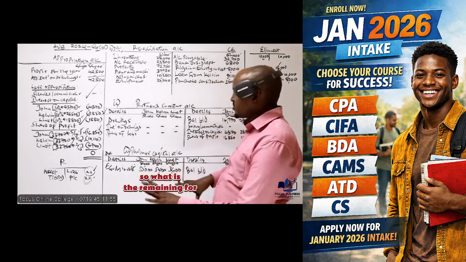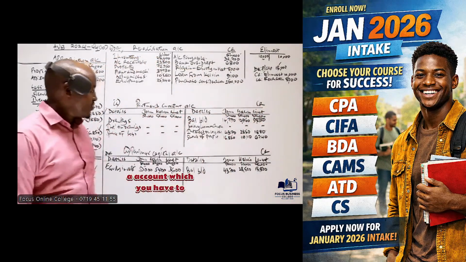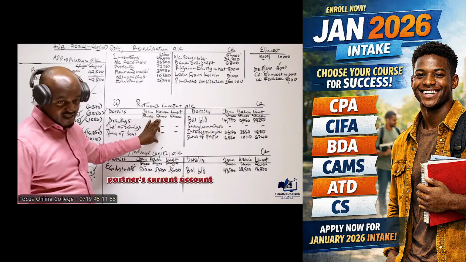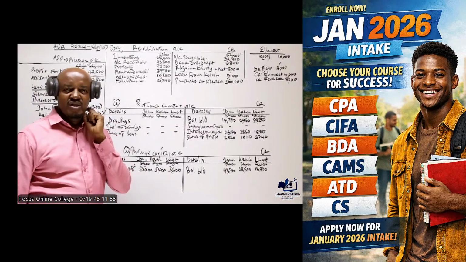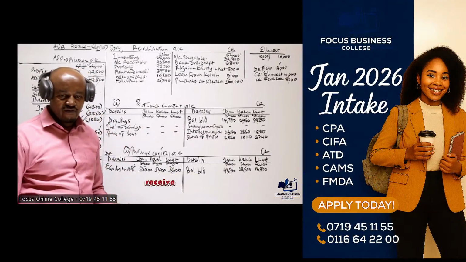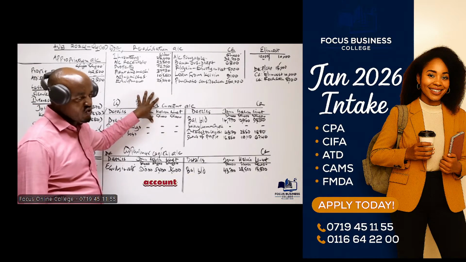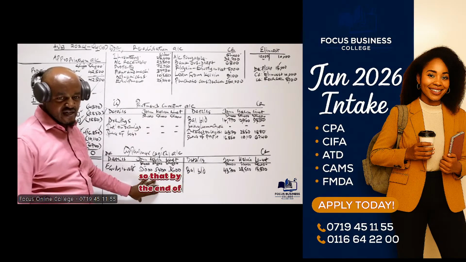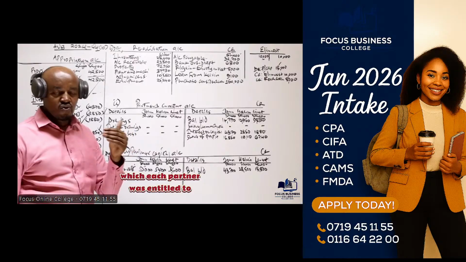I think basically we are done. So what remains is for us to balance this particular account. Now the first account which we have to balance is this one, the partners' current account. This account shows the amount of money which the partners were entitled to receive from the partnership business. So the balancing figure from this account should be crossed off, transferred to this account, so that by the end of the day, we know the amount of money which each partner was entitled to receive.